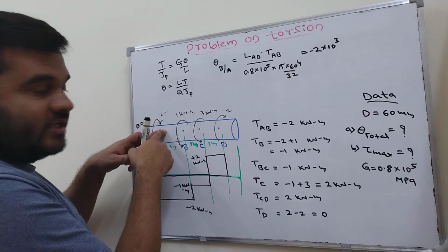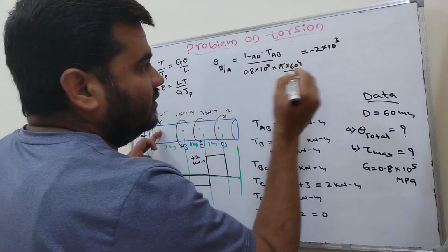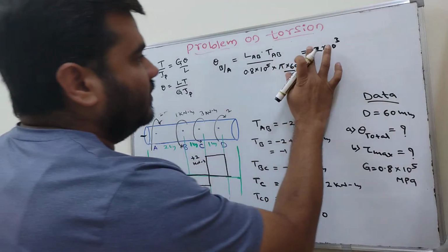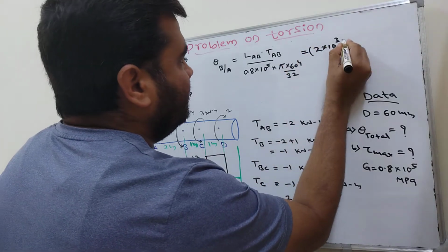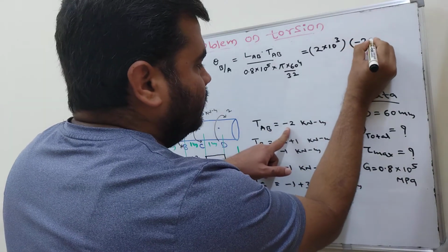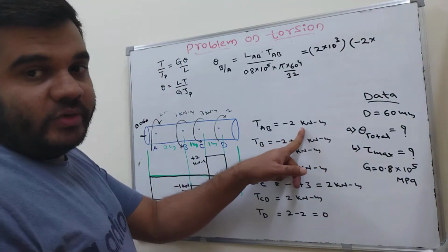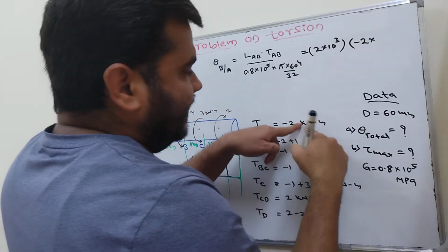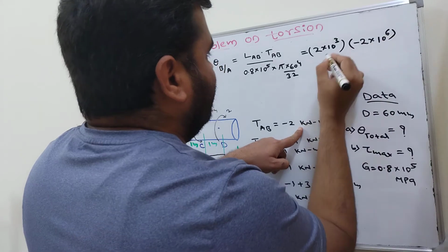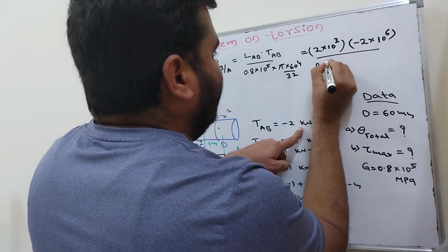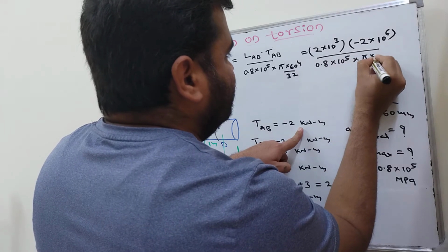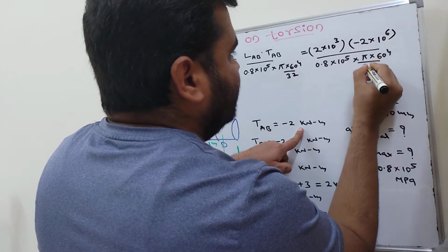Minus 2 into 10 raised to 3, converting kilonewton meter to newton mm, that is 10 raised to 6, divided by 0.8 into 10 raised to 5 into pi into 60 raised to 4 divided by 32.